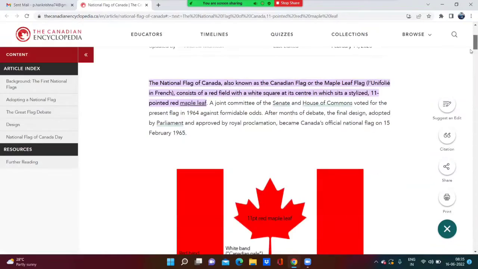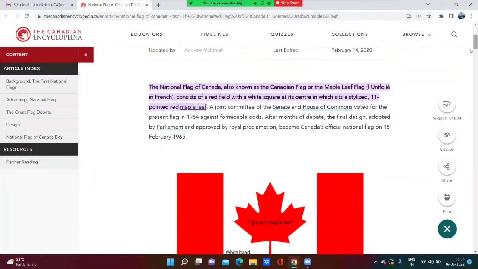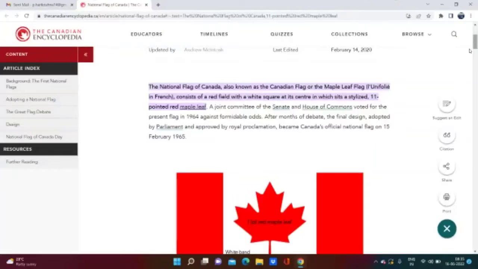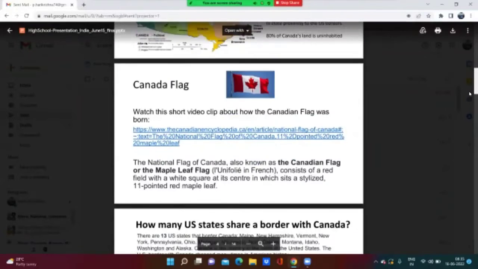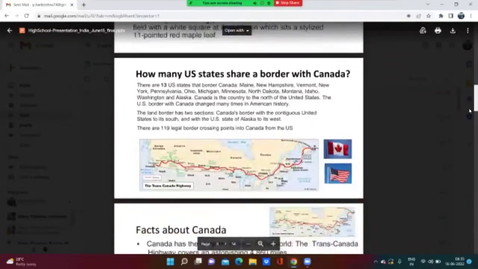The maple is a tree, and as you can see in the middle of the flag, you have the maple leaf, which is the emblem on our flag. Can you go back, please? Next slide, please.